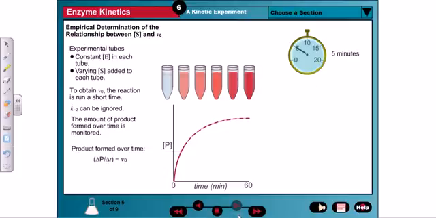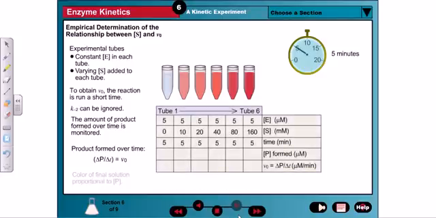The amount of product formed divided by the brief time of incubation is the slope of the early linear phase of the reaction. This rate of product formation is the initial velocity of the reaction. Note that the tubes containing the most substrate yield the highest initial velocities.